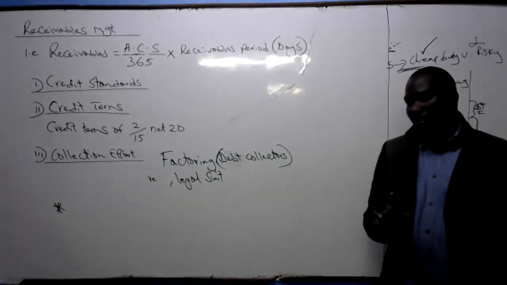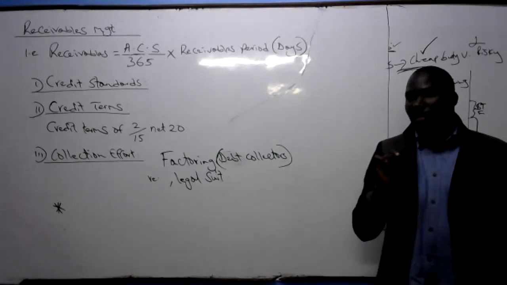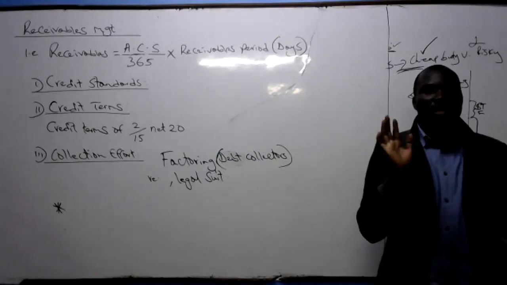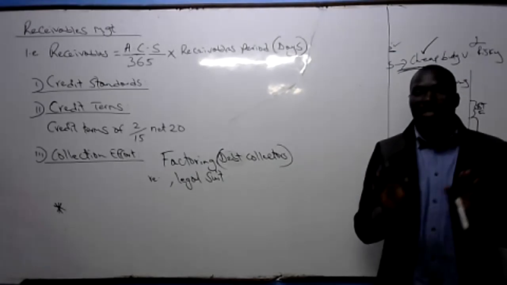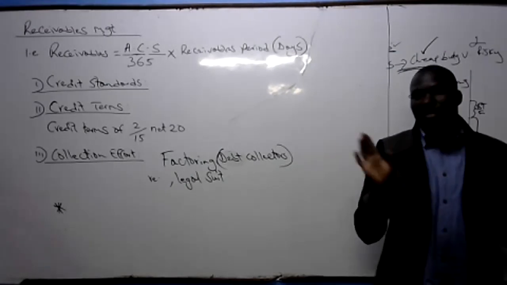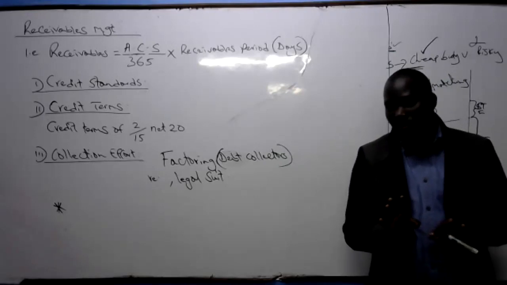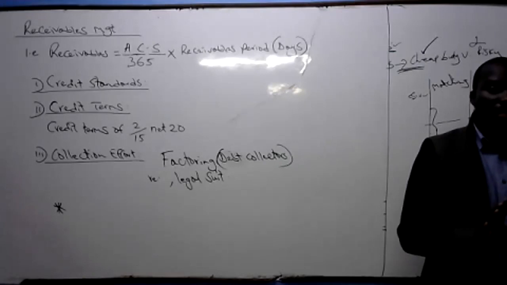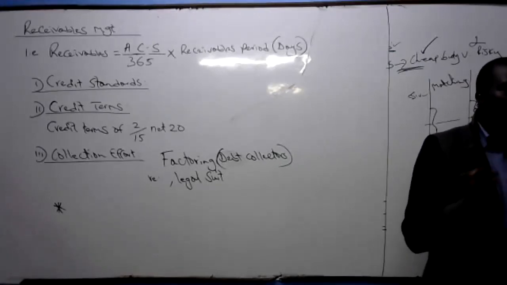Factors are companies that exist to help other companies recover their debts. So you transfer all your debtors to that other company and they manage them. Your job is to wait for your money. Whether they get it or not is not your problem, even if it means auction, as long as you have an agreement that you'll get your money.